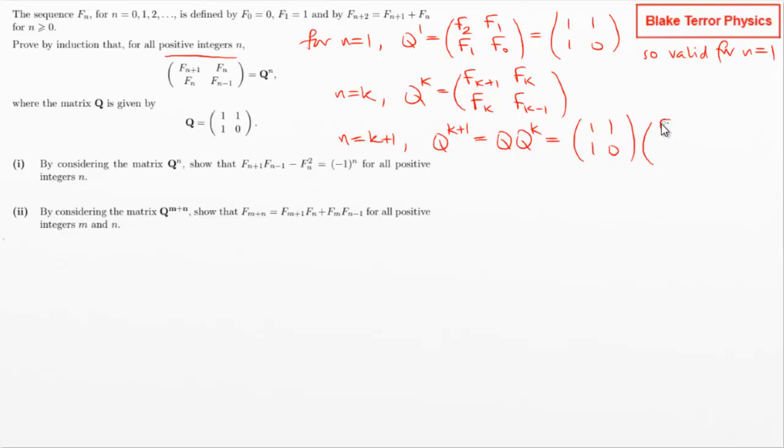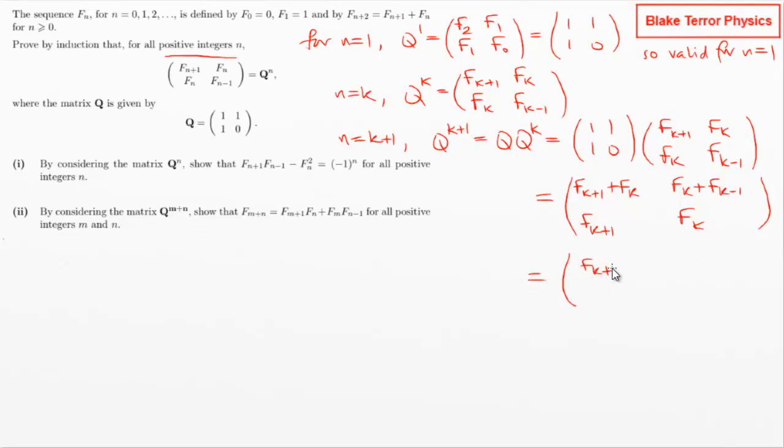That's our Q, and then F_{k+1}, F_k, F_k, F_{k-1}, and that is F_{k+1} plus F_k, so that's F_{k+2}, F_k plus F_{k-1}, so that's F_{k+1}, F_{k+1}, and F_k is the last one, so that is F_{k+2}, F_{k+1}, F_{k+1}, F_k.